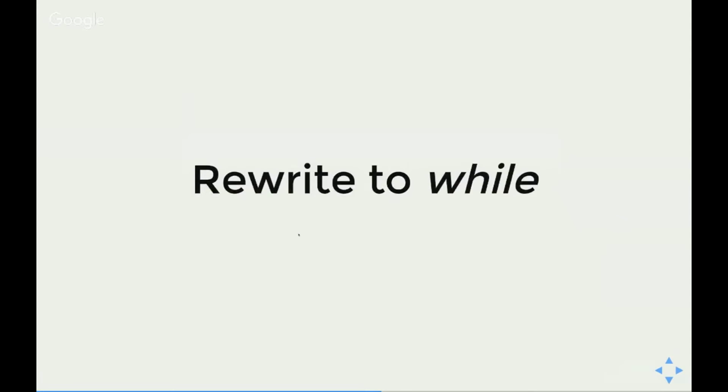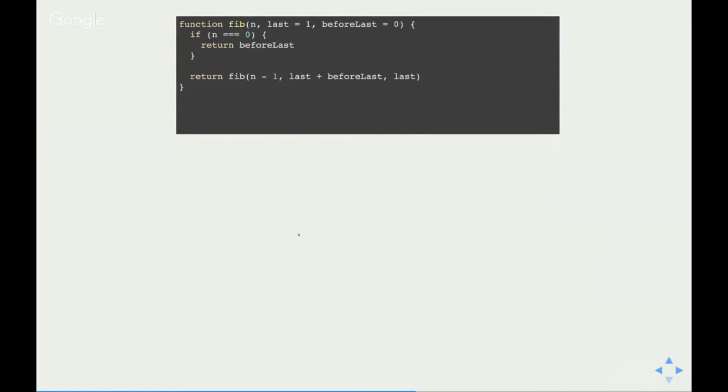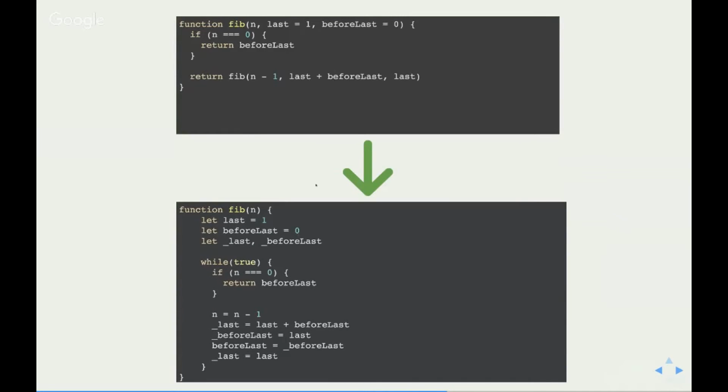And another idea is to rewrite our code to use a while loop. It's actually pretty easy after you do it a few times. So instead of having this readable form, we can rewrite it to a while loop.